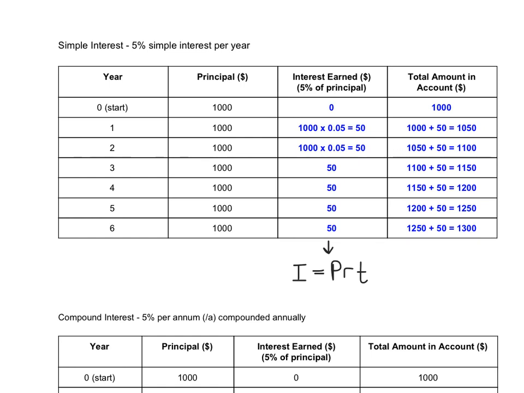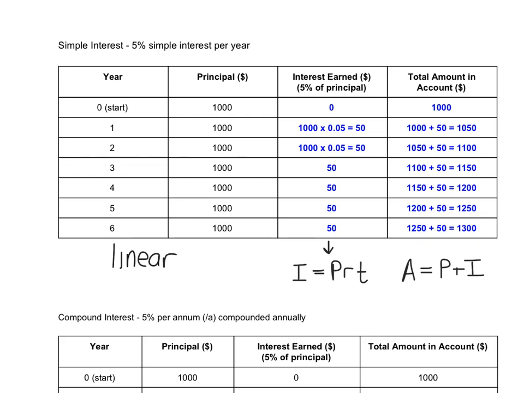And then you can add your interest to your initial amount to get your final value. So if you take your principal and add your interest, then you'll know the future value of your investment or your loan. Now, if you look at these two little equations that I just came up with, you should notice that this is a linear relationship.